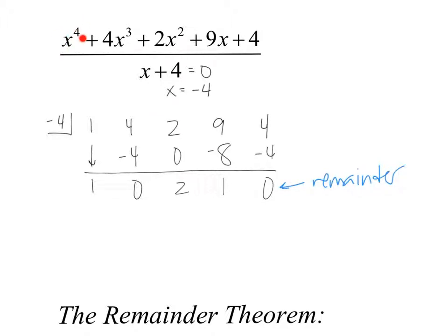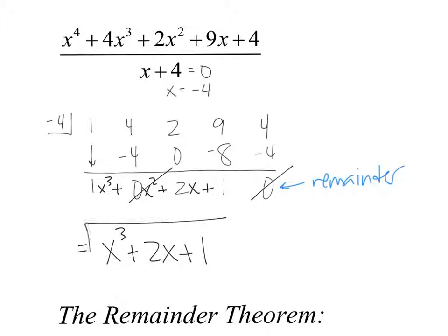This problem started with x to the 4th, so I'm filling in x to the 3rd, 0x squared, 2x. And I don't need the remainder, it's just 0, so I'm not writing plus 0 over x plus 4. That's it. So basically my final answer, you don't even need this 0 either. If this was a math Excel question, you would just type x to the 3rd plus 2x plus 1. There is your answer. So it's really, really fast.